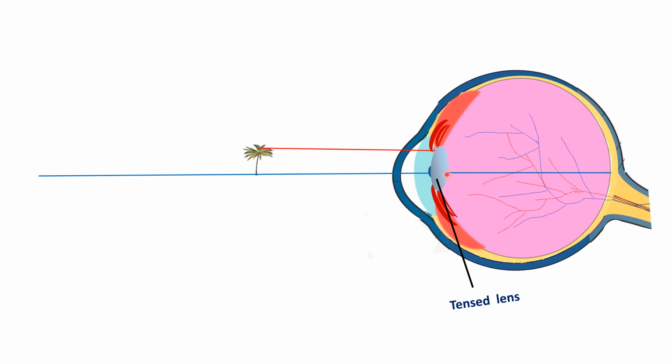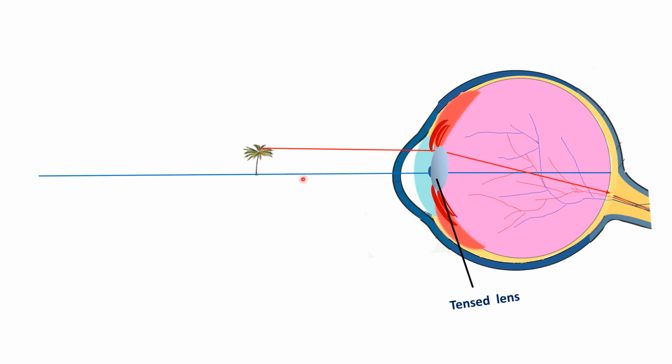You know the focal length is nothing but the distance between the optic center and the focal point. Now the focal point is here. So the ray will be refracted and passes through the focal point. Here is the focal point now.